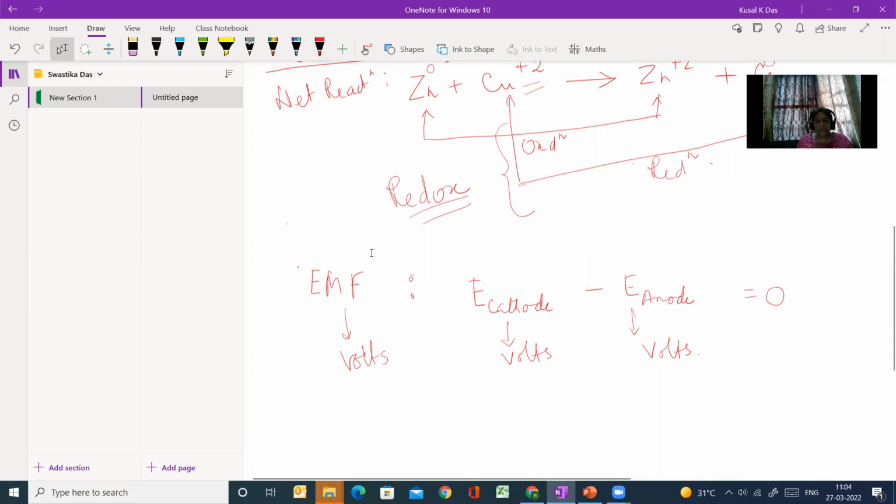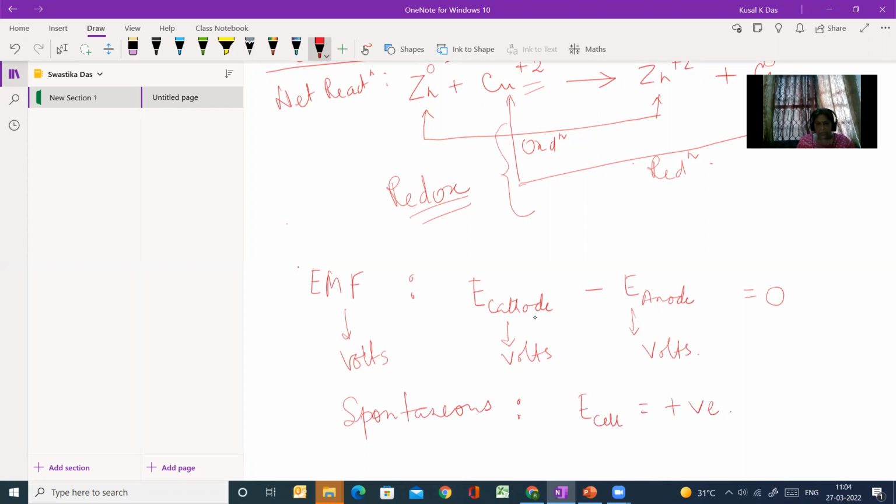So the volts or EMF of a cell is nothing but the difference in the electrode potential of the cathode and the anode. And always remember that if this redox reaction is spontaneous, that means the reaction is feasible, or due to the reaction you get electricity generated, then the EMF of the cell is positive.